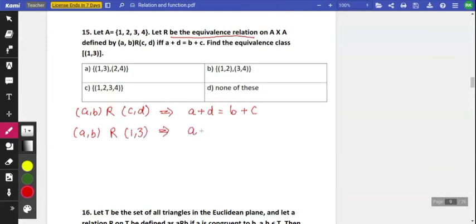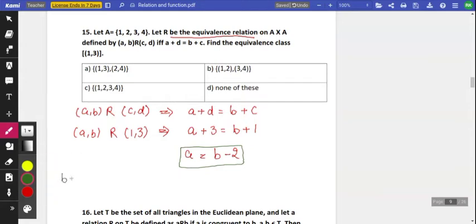We can write it as A plus 3 is equal to B plus 1. It means A is equal to B minus 2, and A and B belong to set A.